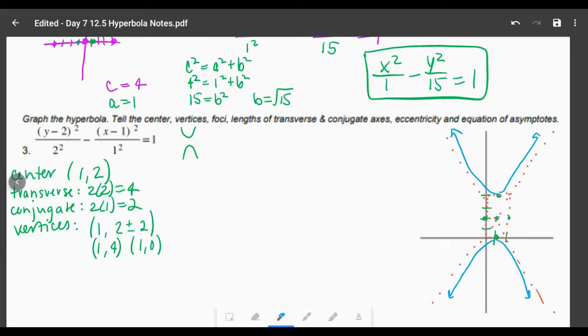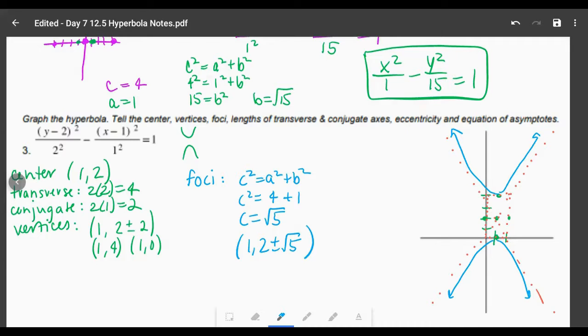So let's look at focal points. We have foci, which would be related to c. So c squared equals a squared plus b squared. A squared is 4, b squared is 1, which means that c squared equals 5, and c is equal to the square root of 5. So from my center, from (1, 2), I would go up and down root 5 for my focal points.